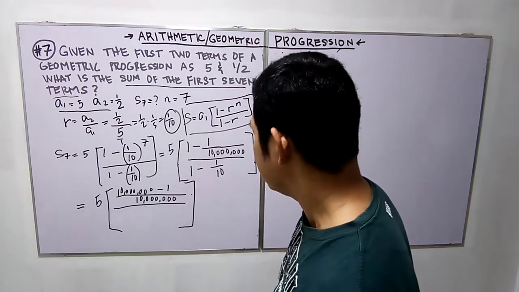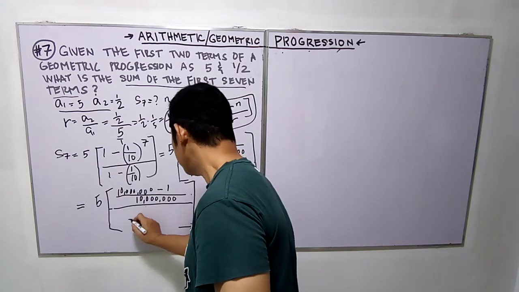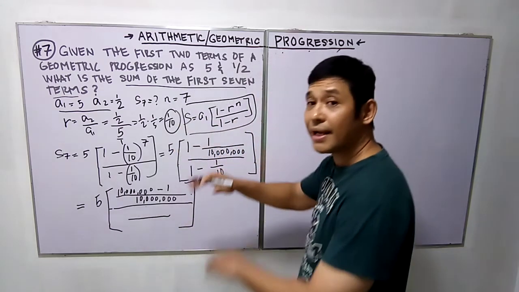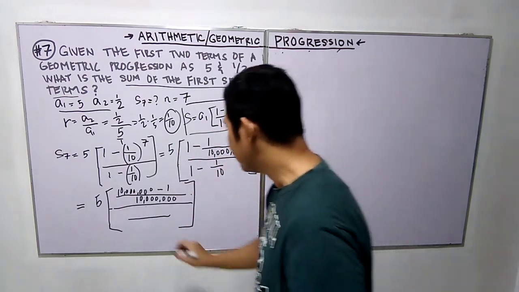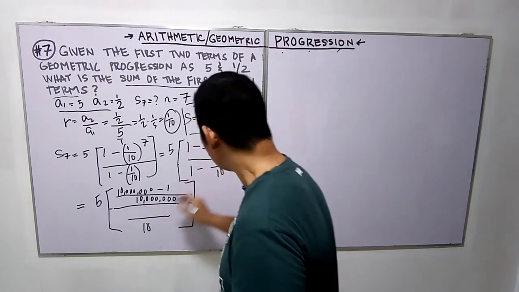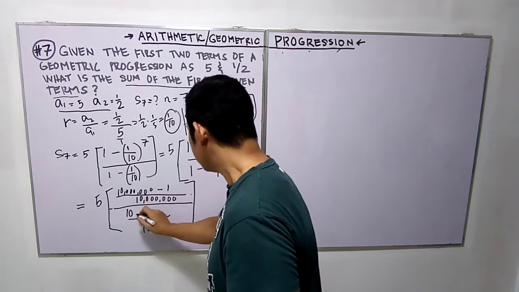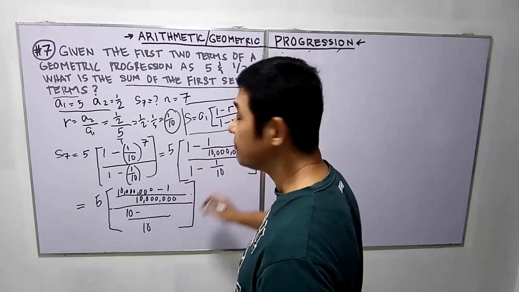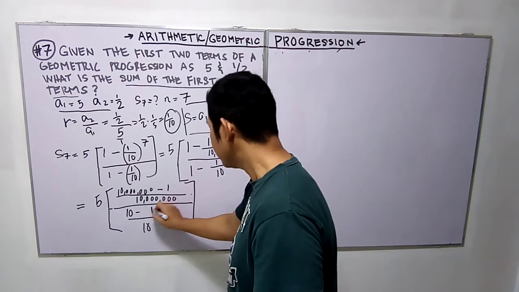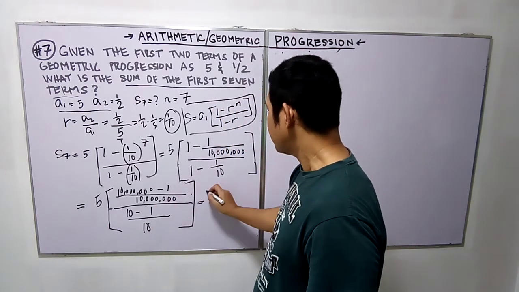Ito yung pinakagitna niya. Therefore, ito naman yung LCD nung sa denominator, 10. Therefore, mangyari rito ay 10 divided by 1 is 10 times 1 is 10. 10 divided by 10 is 1 times 1 is 1. So, mangyari rito ay 5.